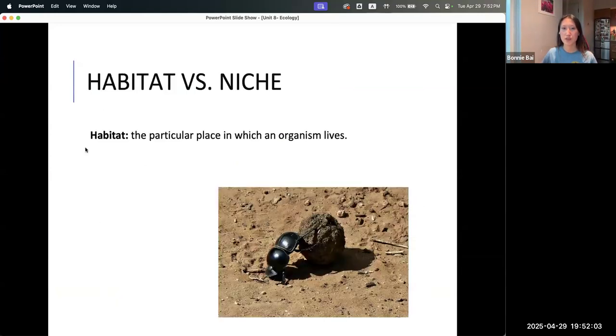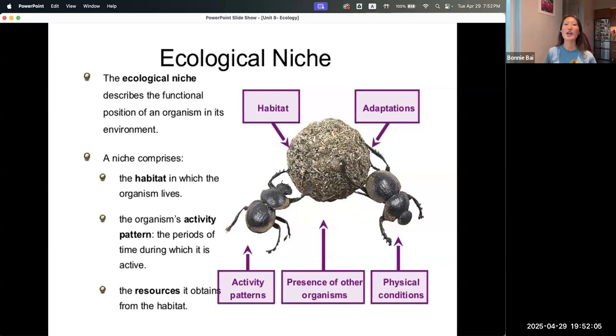Right here, where they live, but also the roles that they play within the environment. So for example, with these dung beetles, they are living in this part of the land, but they are also interacting with the other dung beetles. Or maybe there are microorganisms that live on the outside of the dung beetles.